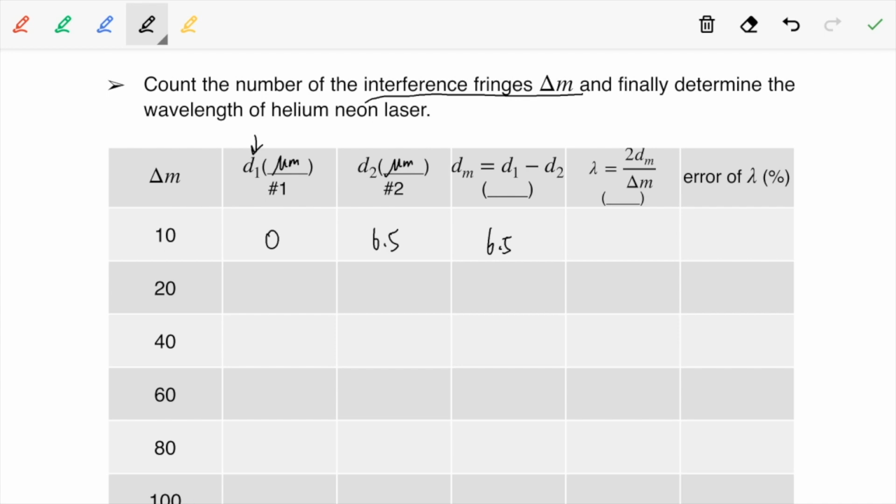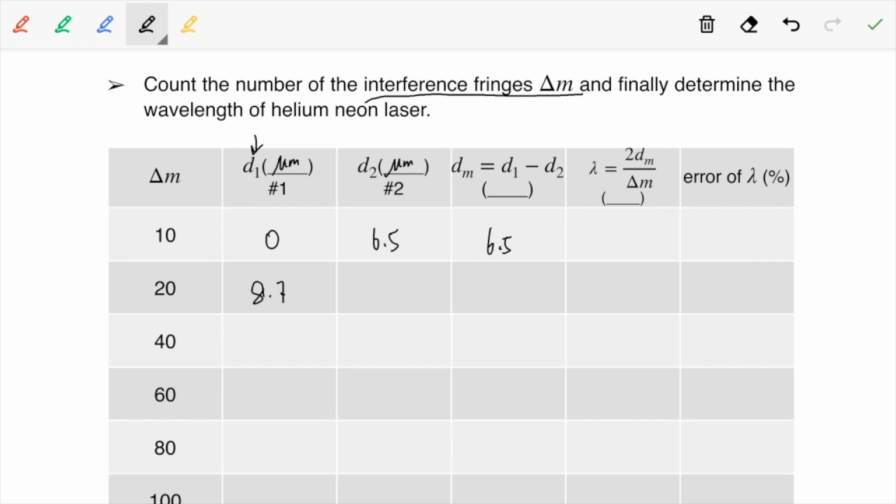You can count it on the video. For example, you stop at 6.5, then you pause the video and read the number on the micrometer. After that, you can continue, or you can start from any point. Maybe you start from this one, where you read D1 from the micrometer as 8.7.